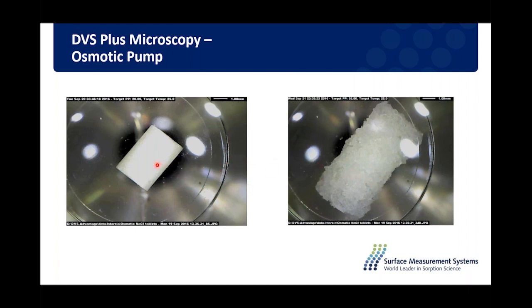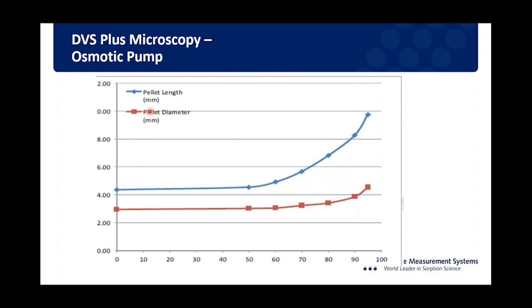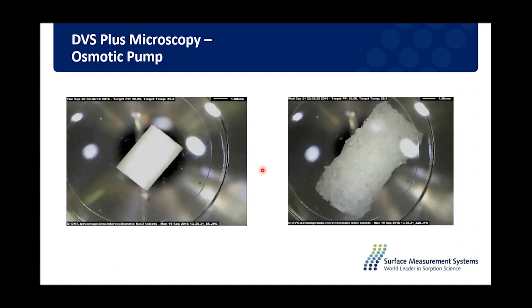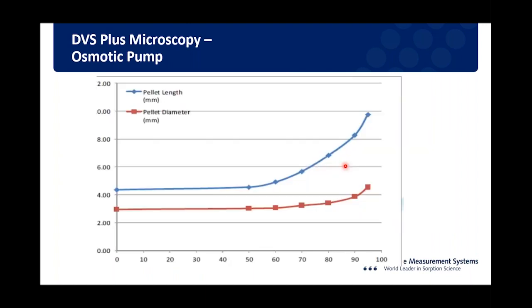And you can actually use this to quantify the degree of swelling. There is a scale bar here, so I can look at this. For instance, we can look at the pellet length and the pellet diameter, and we can measure that as a function of relative humidity, as a physical measurement of the dimensions. Or we could use ImageJ or some image analysis to look at the area of this.